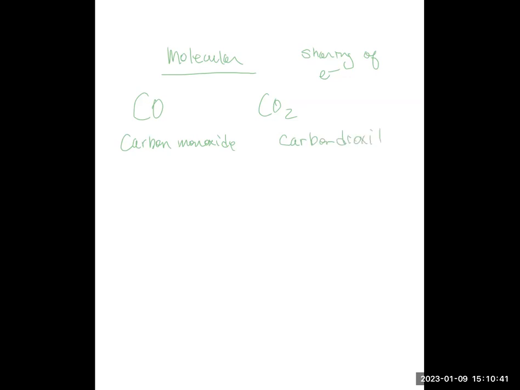So with molecular substances, because they don't transfer electrons and because they can have various oxidation states, we use prefixes to say how many atoms. Okay, so there's your prefix of mono, there's your prefix of di to indicate two.